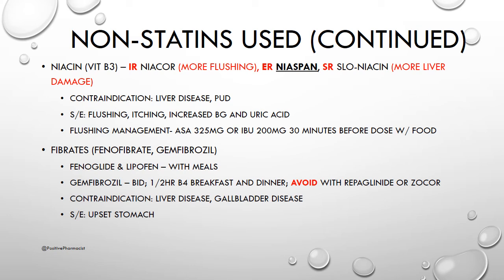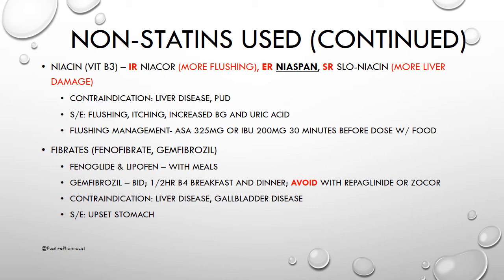But with the flushing, if the patient is on the immediate release Niacor, because niacin, even though it's great, is actually on the expensive side. So if a patient needs to be on a cheaper version, the immediate release has flushing happening with it, but it does not have a lot of liver damage that can occur.